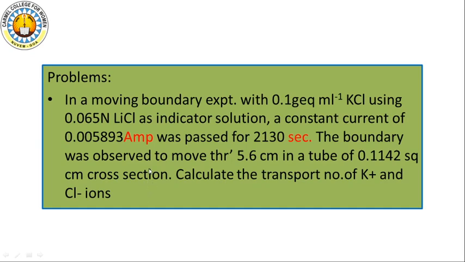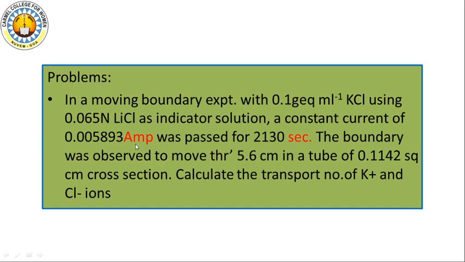In this problem, you can check: in a moving boundary experiment with 0.1 gram equivalents per ml KCl solution using 0.065 normal lithium chloride as the indicator solution, a constant current of 0.005893 amperes was passed for 2130 seconds.